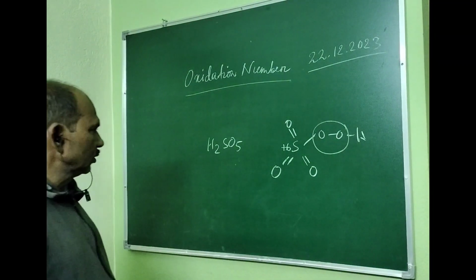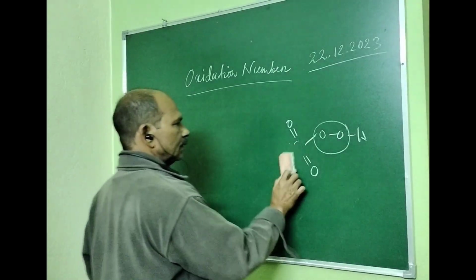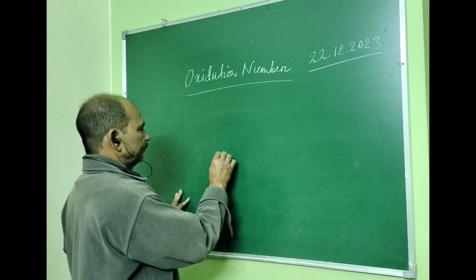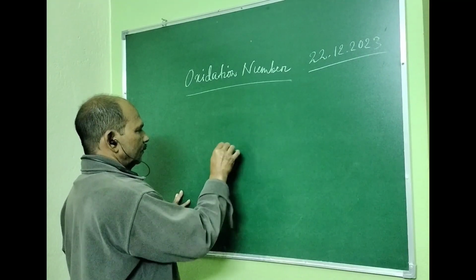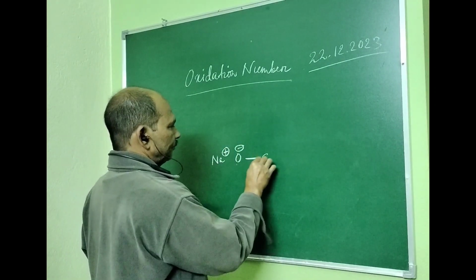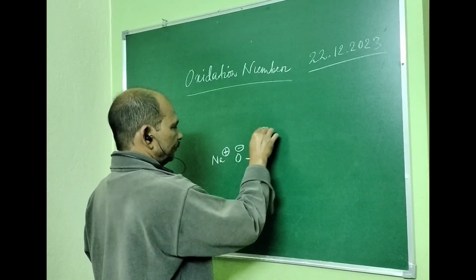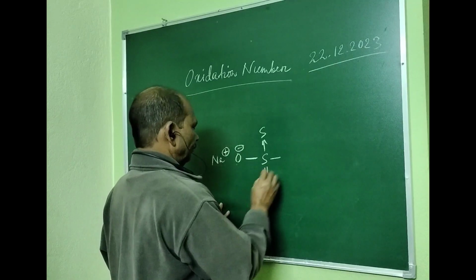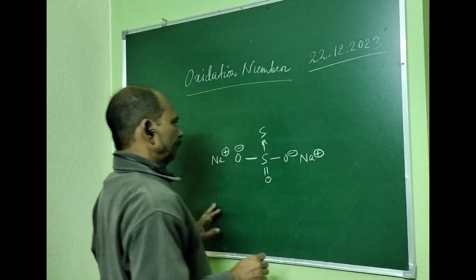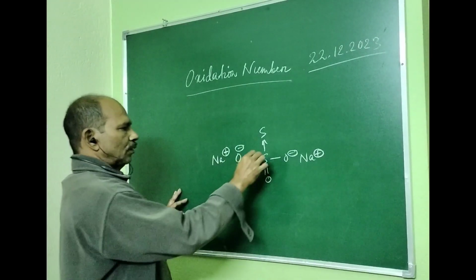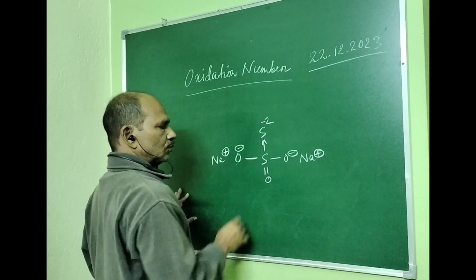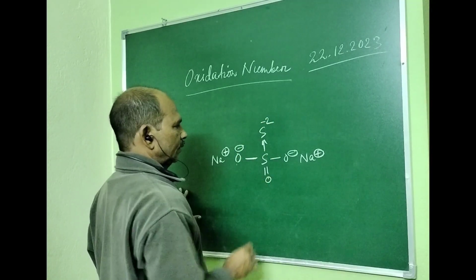In Na2S2O3, this is a peculiar structure. This bond contributes -2 to oxygen and +2 to sulfur, this sulfur.